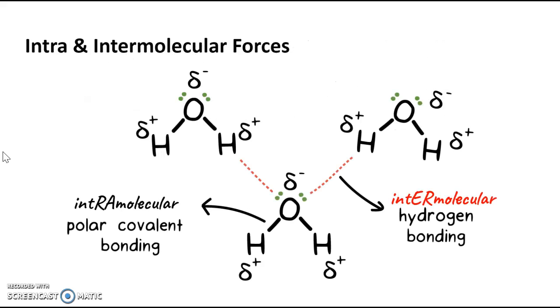All right, so one of the big things that the articles talked about is the intra, with an A, and inter, E-R, molecular forces. I don't know who named these almost the same word, but I'm sure somehow it made sense in his brain, but it's really confusing for the rest of us, so thanks for that.